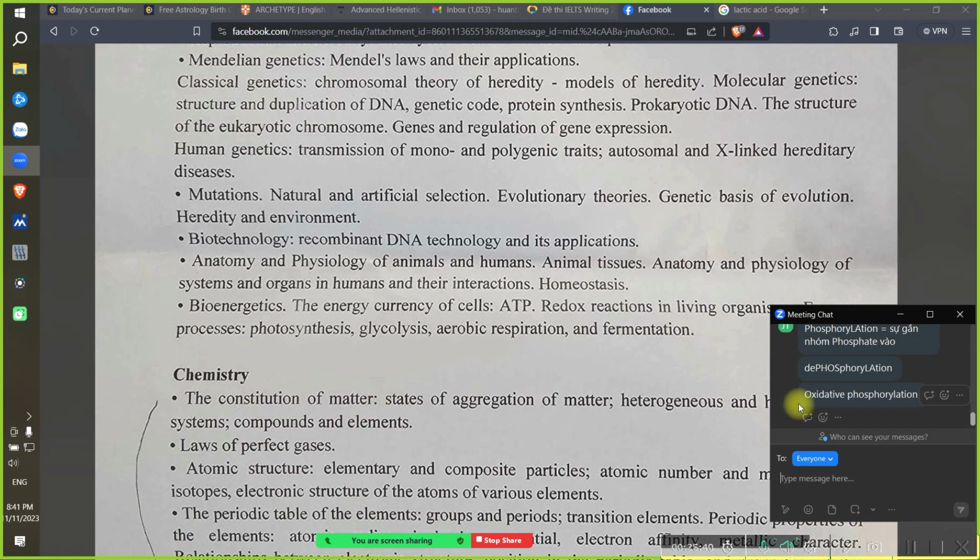Oxidation is the loss of electrons, whereas reduction is the gaining of electrons. So these two processes require the transfer of electrons.